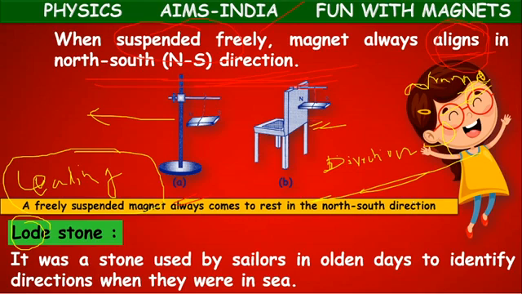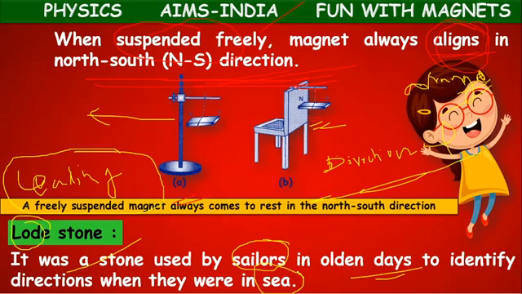Okay. So this property was used by Chinese sailors in olden days to identify directions when they were traveling in the sea. You know about the sea, children? It's a huge reservoir of water.